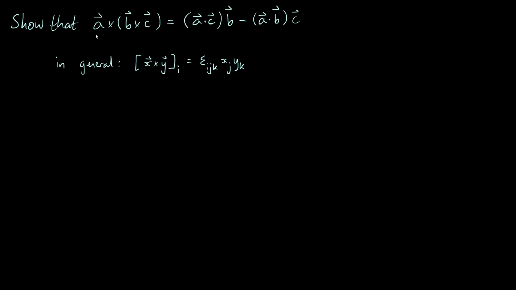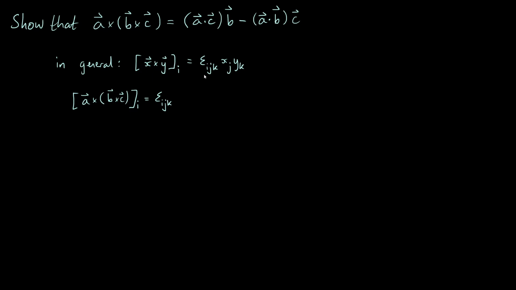And so we're just going to use that on the left-hand side of our equation and see how we can simplify it. So this implies that A crossed with B cross C, taking the ith component of it, is going to be, just applying this identity with the epsilon, epsilon ijk.